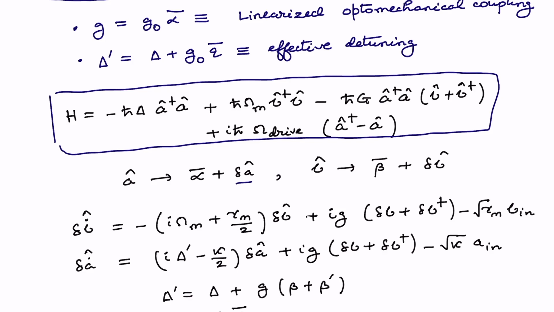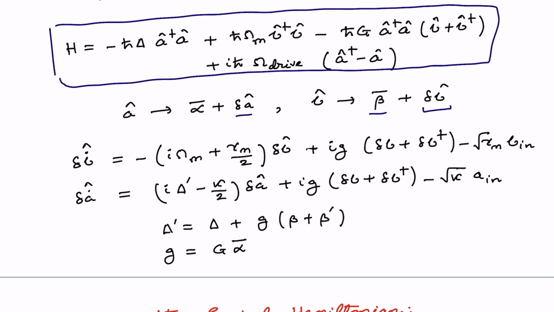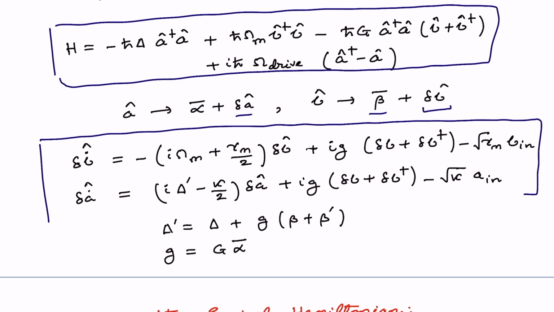Similarly for beta b, the annihilation operator for the mechanical oscillator, the steady state value is beta bar, then its quantum fluctuation is delta b. And then if we do the analysis in a similar way, we are going to get this set of two coupled first order differential equations in the linear regime.